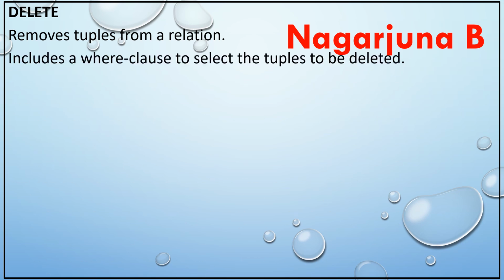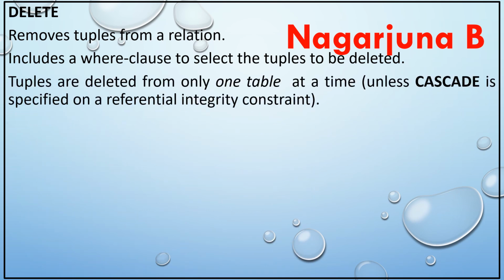Includes a where clause to select the tuples to be deleted. As I told, the delete command is used for the purpose of deleting or removing tuple or tuples. So whether it has to delete a single tuple or multiple tuples, it depends upon the where clause. The where clause will be selecting the tuples which have to be deleted.